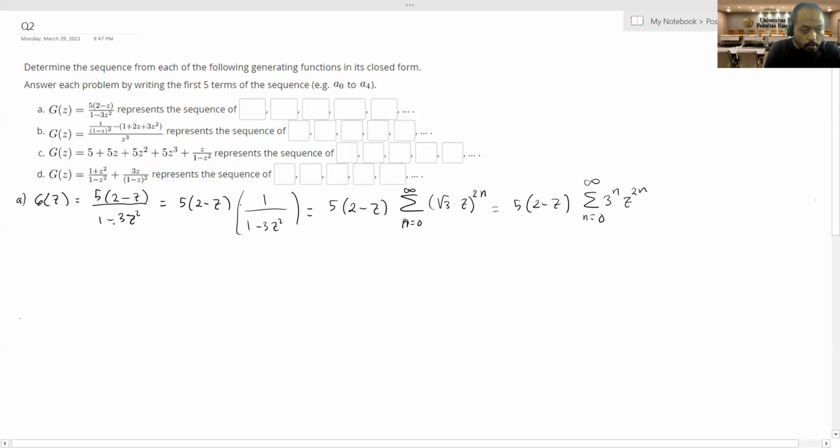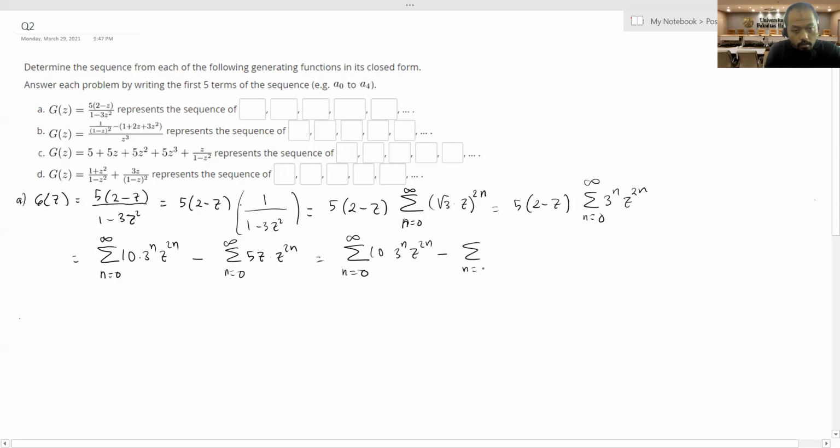Multiplying the summation by 5 times (2 minus z) gives us this form: 10 times 3 to the power of n, z to the power of 2n, minus 5z times 3 to the power of n, z to the power of 2n, which is minus 5 times 3 to the power of n, z to the power of 2n plus 1.